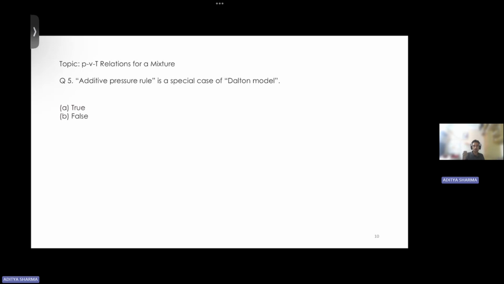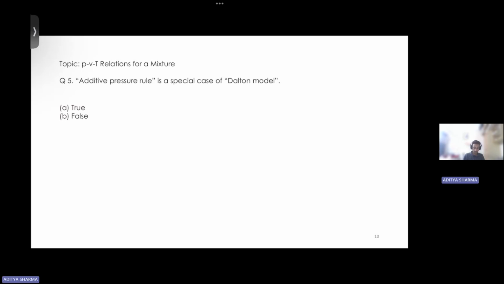So the thing here is that the additive pressure rule is a general rule, and the Dalton model is for ideal gas mixtures only. So the Dalton model has to be a special case of the additive pressure rule and not vice versa.